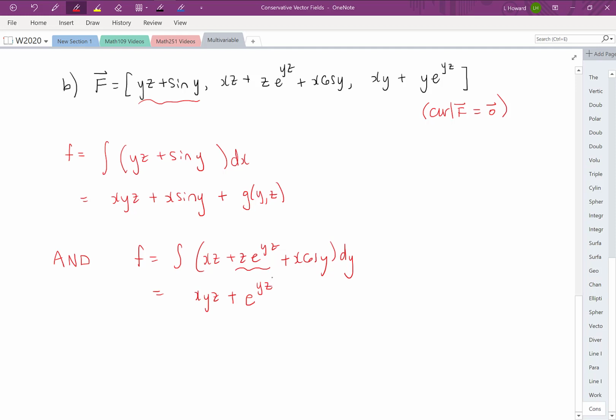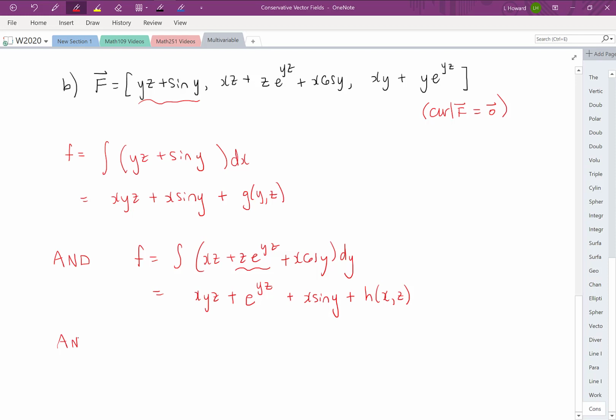You can check when you take the partial derivative of this with respect to y, you do get back to z e to the yz. And then the third term is going to be x sine y when we integrate with respect to y. And then there could be some x and or z terms that would have disappeared. So let's say h of x comma z to represent those x and or z terms that would disappear when we took the partial with respect to y.